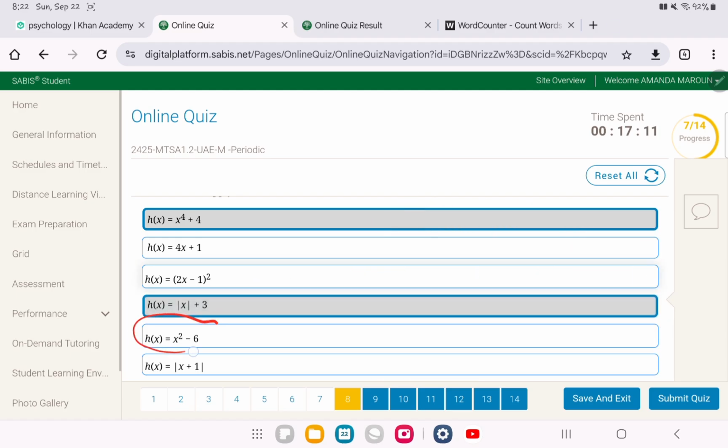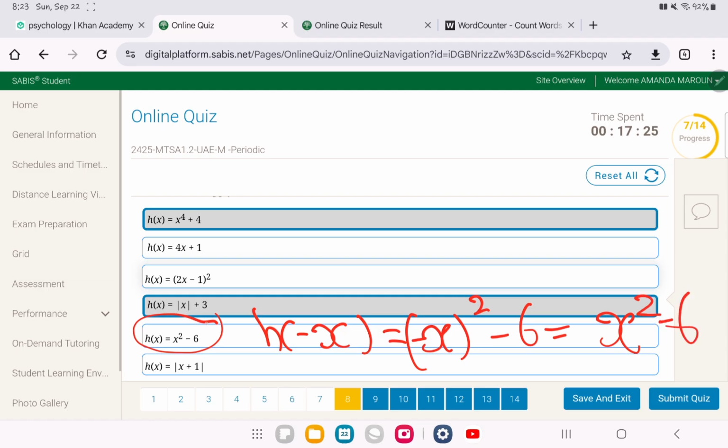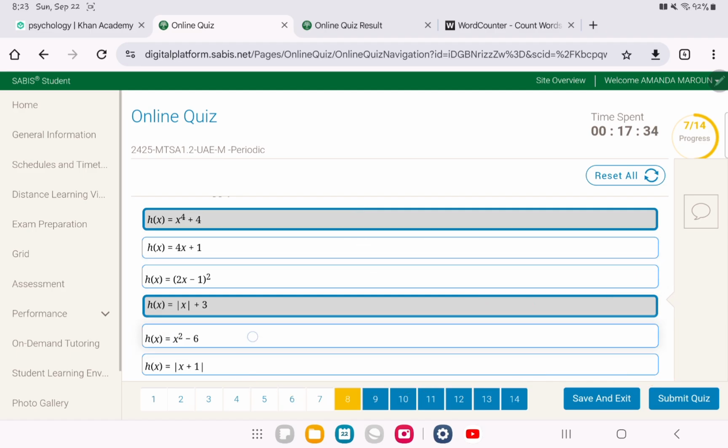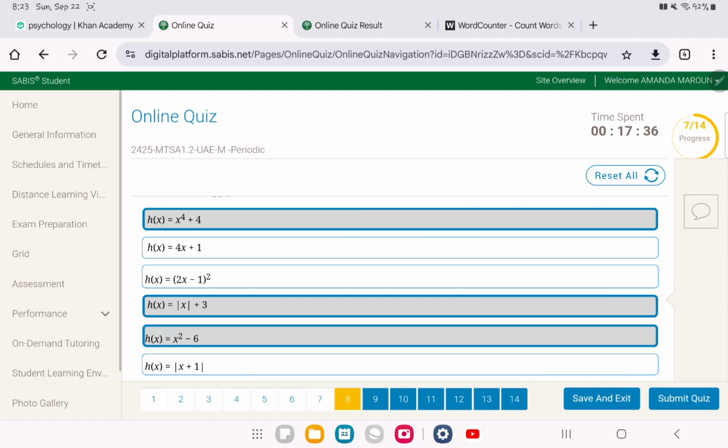Then we have h(x) equals x squared minus 6, then h(minus x) is equal to (minus x) squared minus 6, which is then x squared minus 6. So x squared minus 6 and x squared minus 6 are equal, so then it is even. This is even. And then finally we have h(x) equals absolute value of x plus 1.